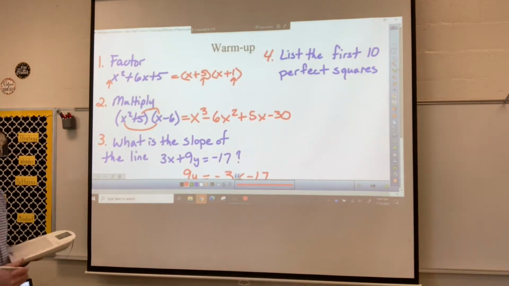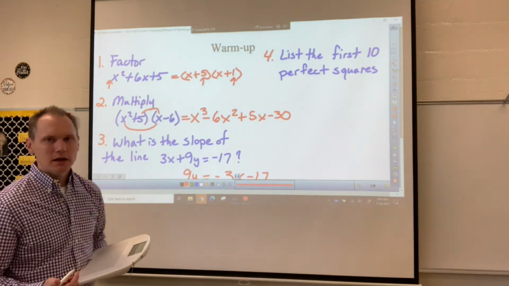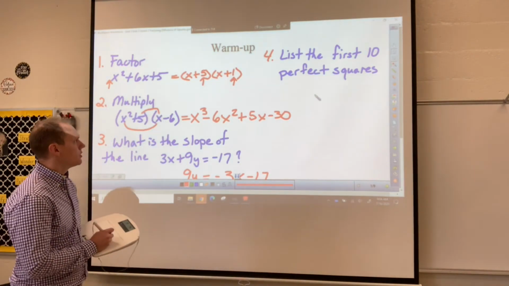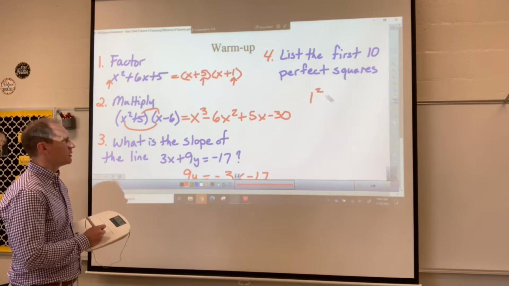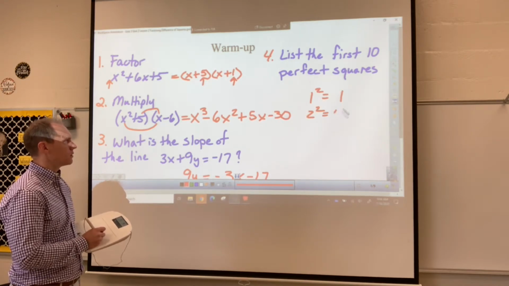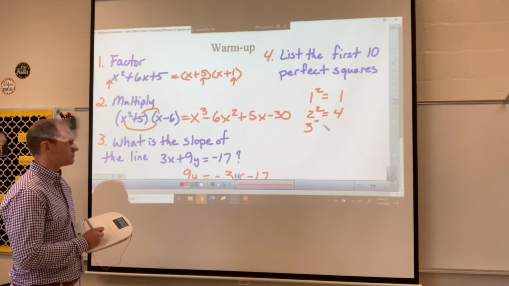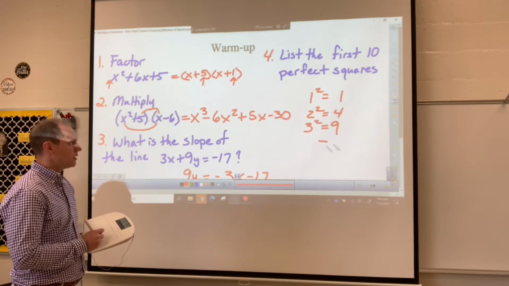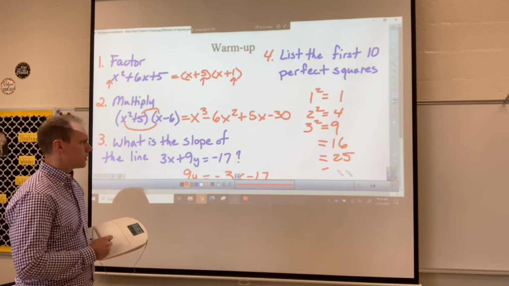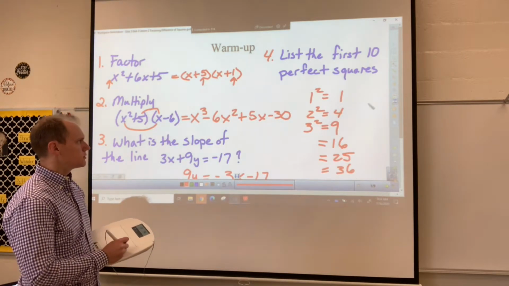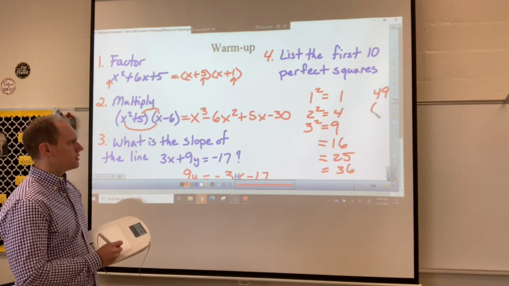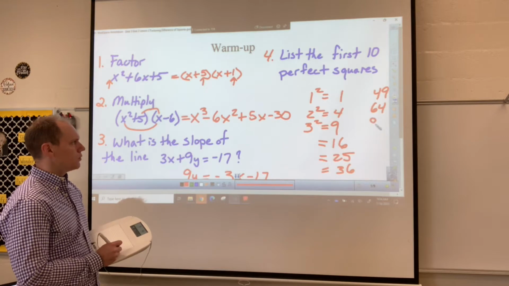All right, then lastly, and this is really going to help us with our lesson today, is just reminding yourself of the perfect squares. So 1 squared is just 1. 2 squared is 4. 3 squared, 9. 4 squared, 16. 5 squared, 25. 6 squared, 36. 7 squared would be 49. 8 squared, 64. 9 squared, 81.